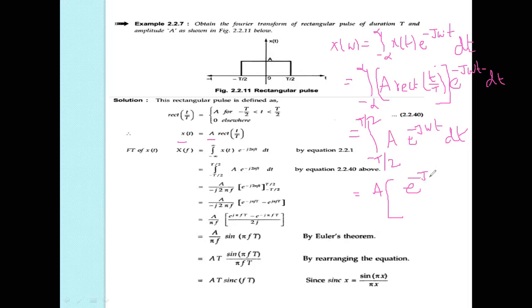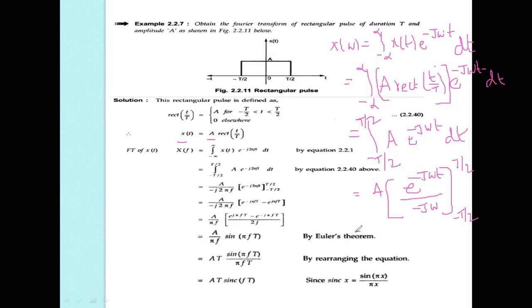You get e power minus j omega t by minus j omega, with the limits T by 2 and minus T by 2.